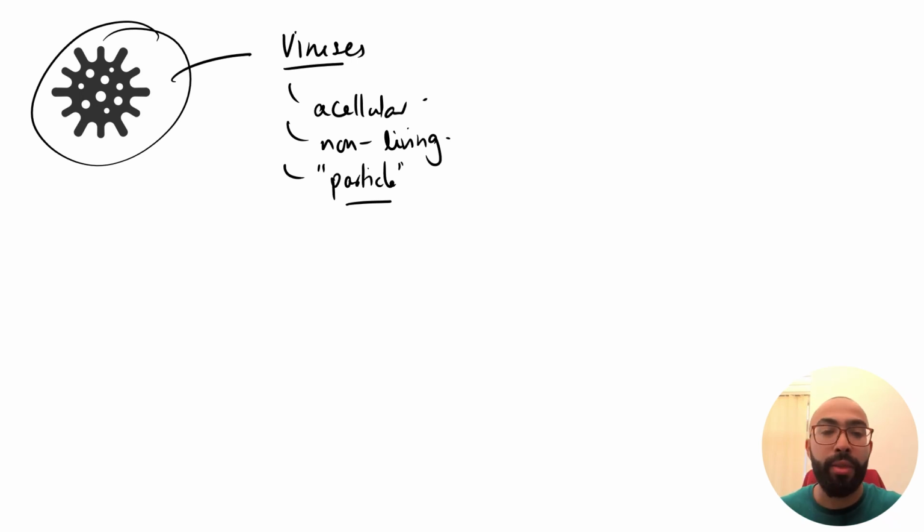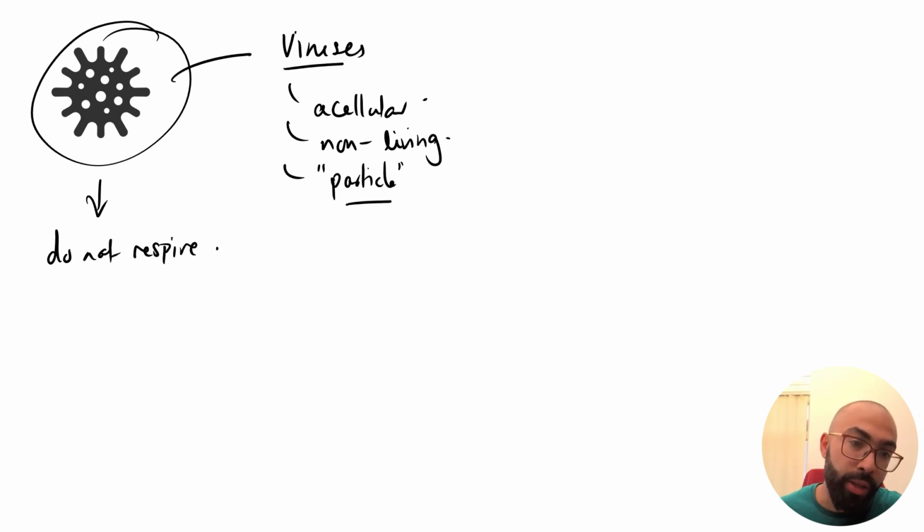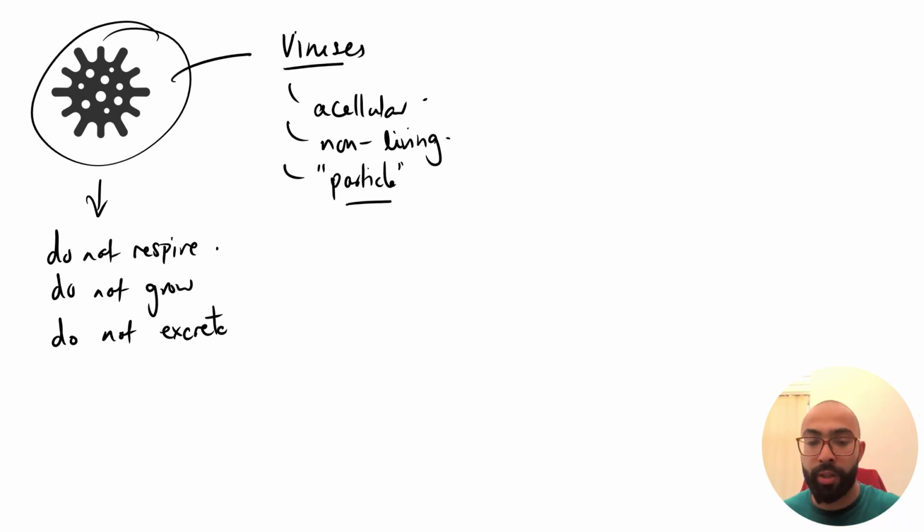Yes, you're right. They do not respire. They do not grow. They do not excrete. Essentially, it's just the reverse logic. In the previous slide, they don't follow those tenets, those laws of Mrs Gren.